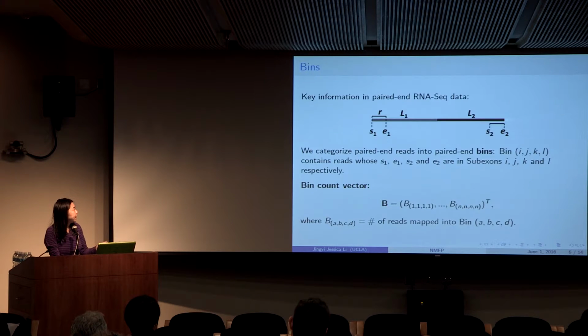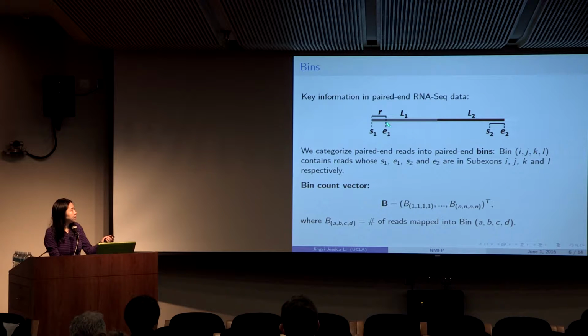And for the data, we categorize paired-end RNA-seq data into bins. Here the bin is defined as a 4-dimensional vector of subexon indices. So here 1111 means subexon 1 at each of these 4 positions. Here there's a paired-end read, and we denote the starting position of the 5' end as S1, the ending position of the 5' end as E1, and for the 3' end, it's S2 and E2.